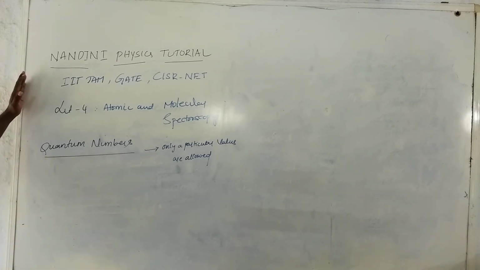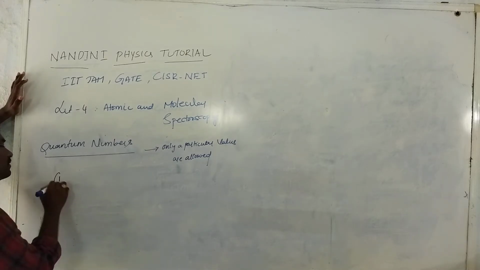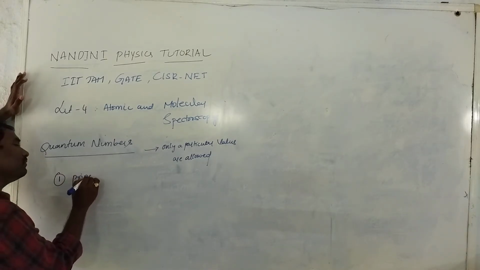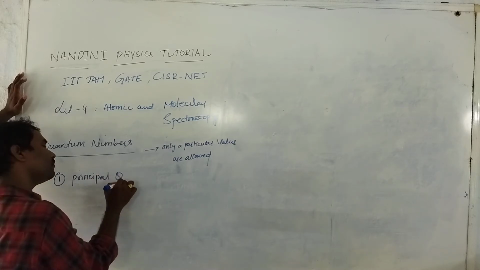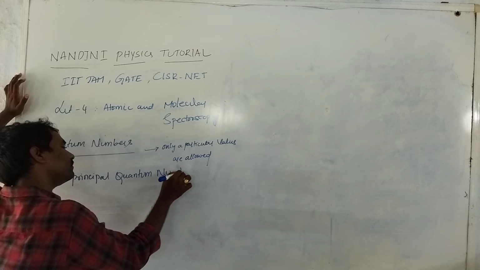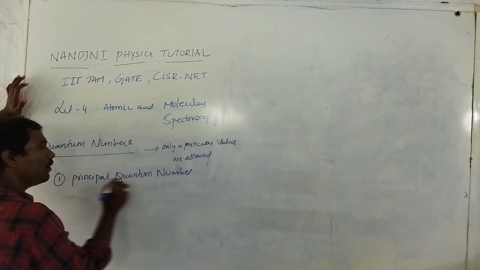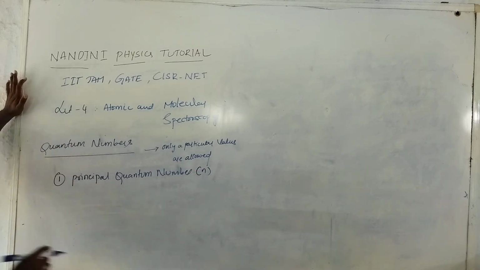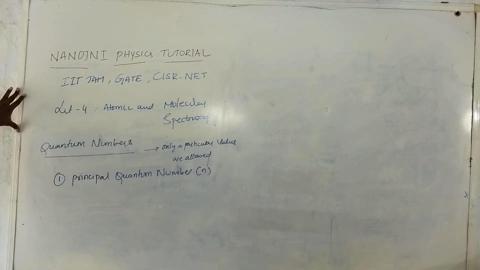First of all, I introduce the principal quantum number. The first quantum number is the principal quantum number, indicated by small n.